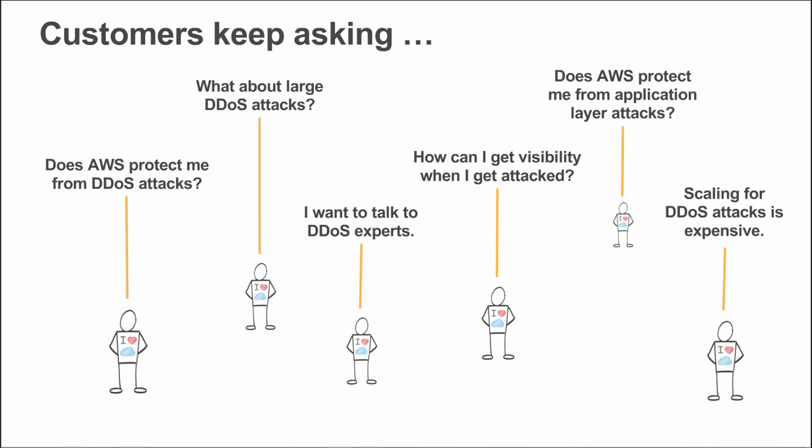And a few other customers also had questions about whether AWS protected them from large DDoS attacks and more sophisticated DDoS attacks. And customers also wanted to access DDoS experts during an attack. Other customers, mostly in the banking and financial services sector, also asked for visibility into attacks. And there are several other capabilities customers wanted.